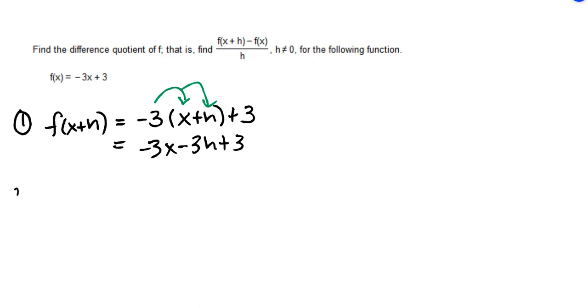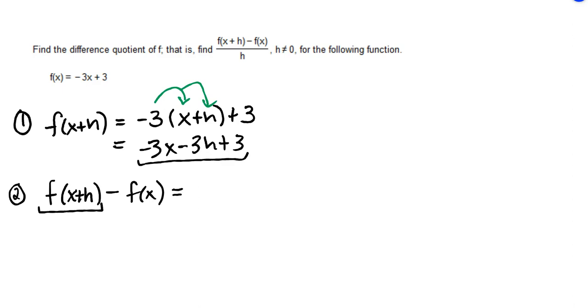Now in my second step, I'm going to calculate the whole numerator, which is f of x plus h minus f of x. Now I've already calculated f of x plus h, so I'm going to use my work from above and just copy that down: negative 3x minus 3h plus 3. And then I want to continue by subtracting f of x.